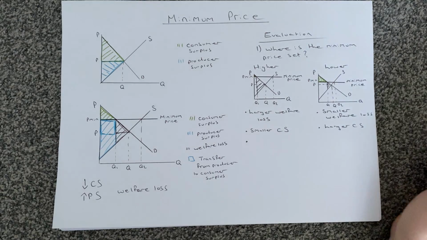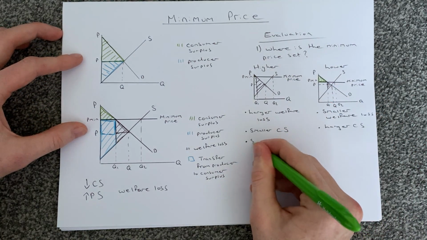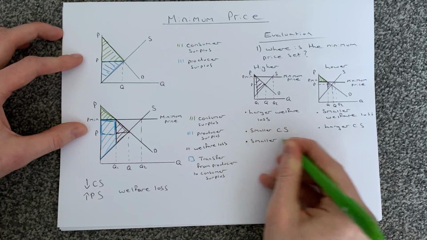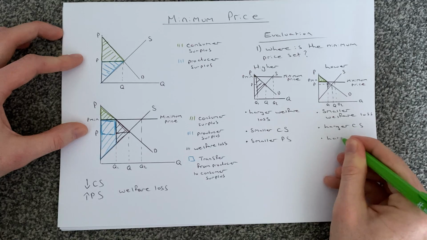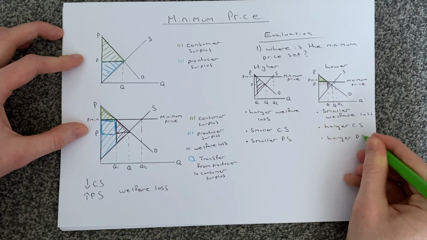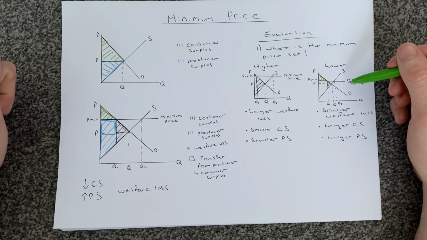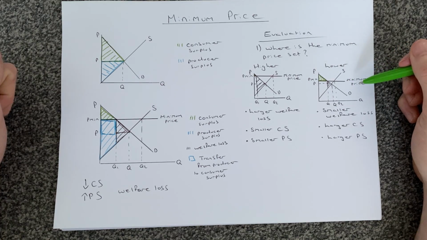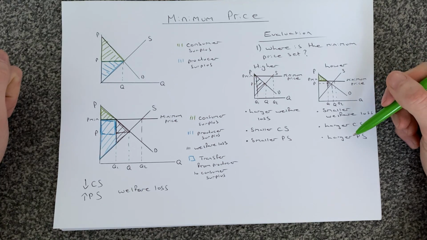What we see here is the larger the minimum price, the smaller the producer surplus. And over on the opposite side, when we've got a relatively low minimum price in comparison to the market equilibrium, we have a larger producer surplus.